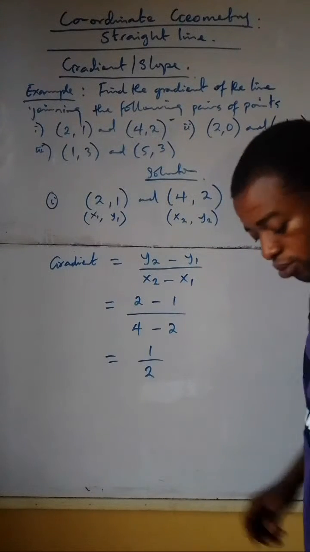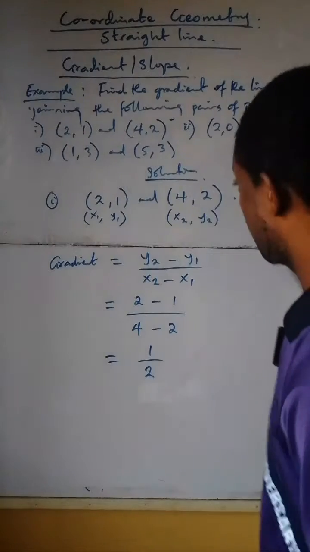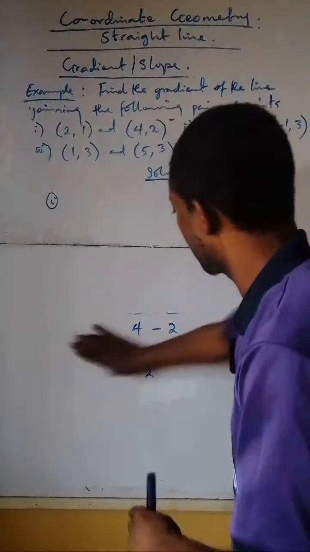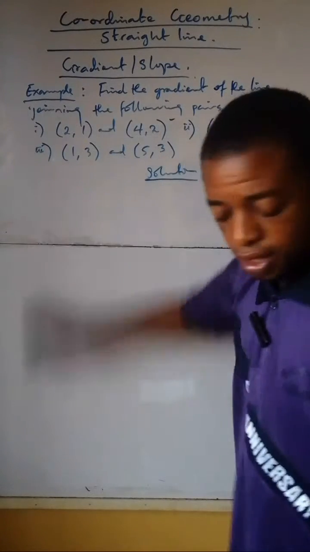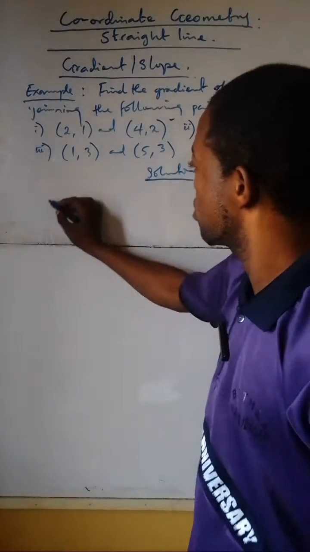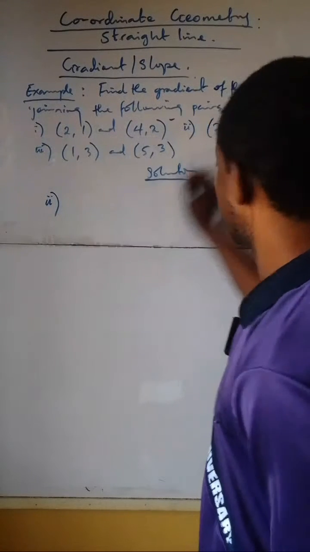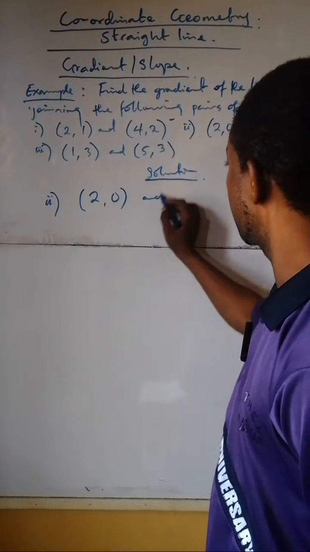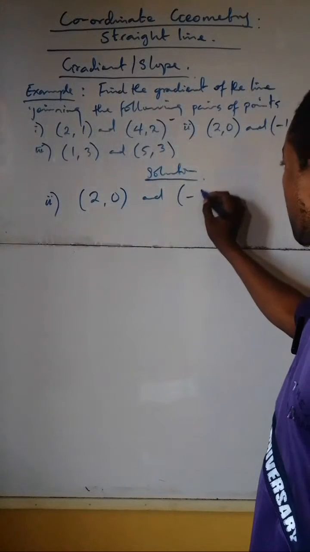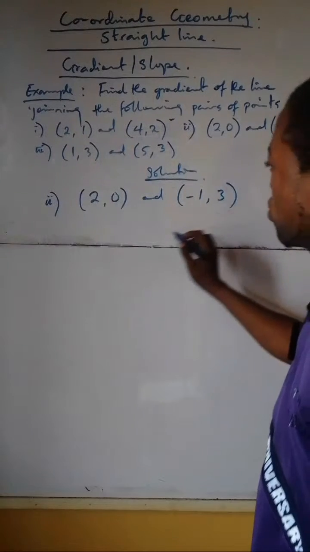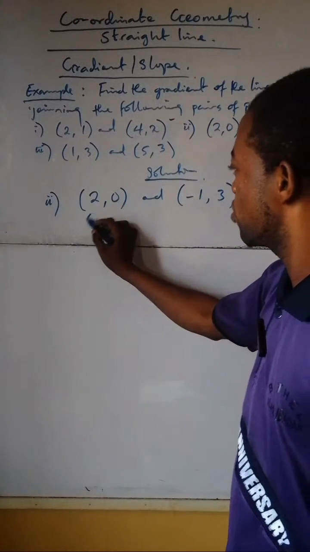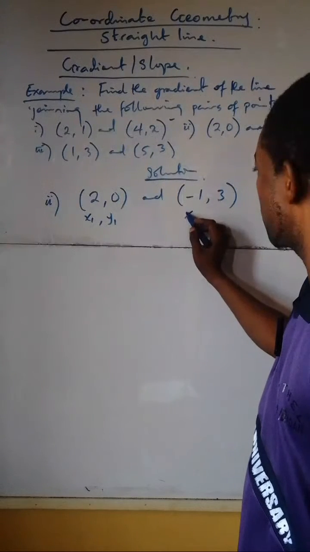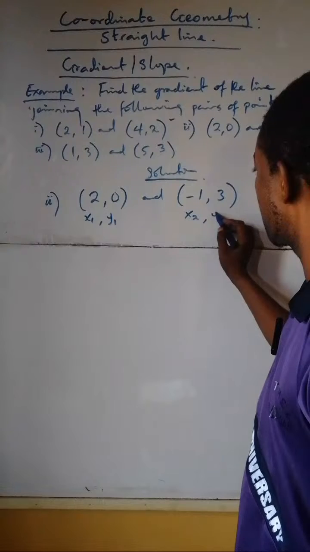Now, similarly, the second question here, finding the gradient as well. We write out the points, that is, we have 2, 0, and -1, 3. So we look at this as the first point, x1, y1, and here the second point, this is x2, y2.